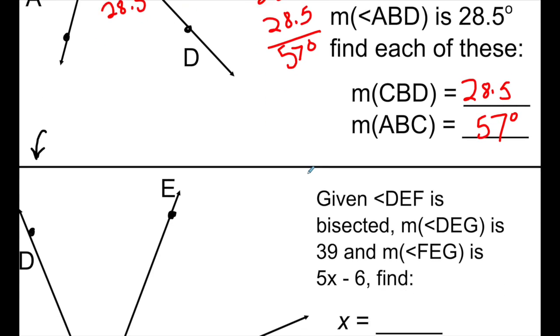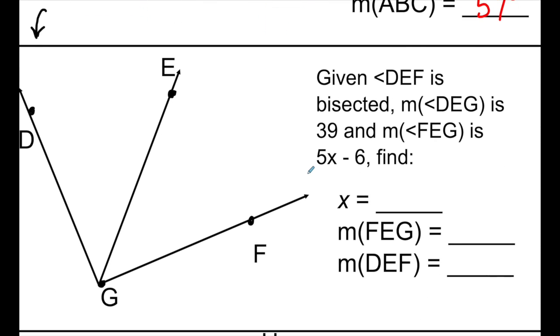All right, you try problem 2. Given that, and what I should say is, DGF is bisected, okay? I know that measurement DGE is 39. I know that, so this is DGE.